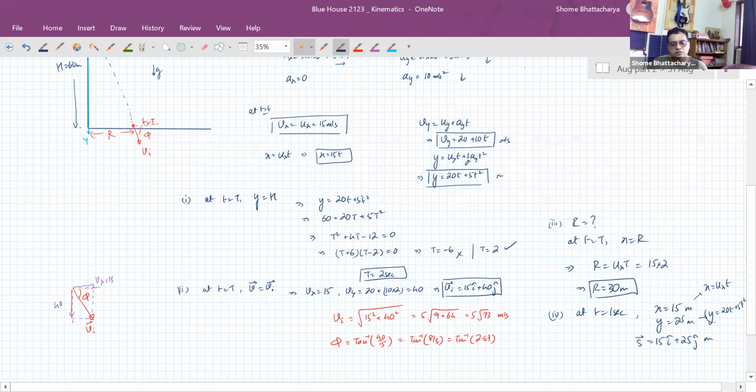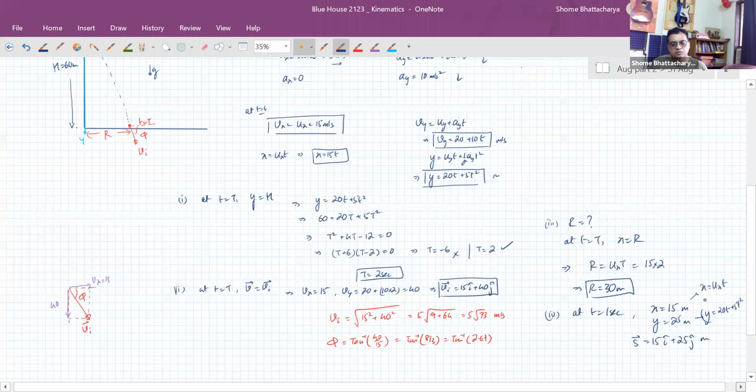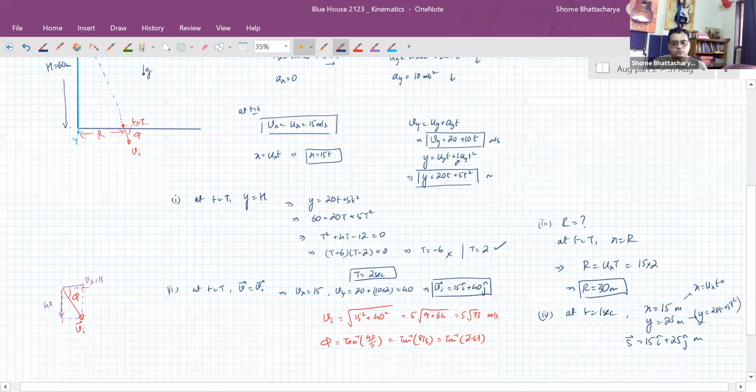And the velocity has an x component of 15, but a y component of 20 plus 10t would be 30.